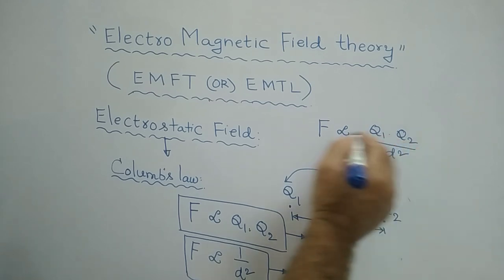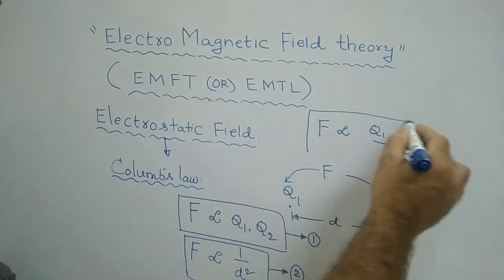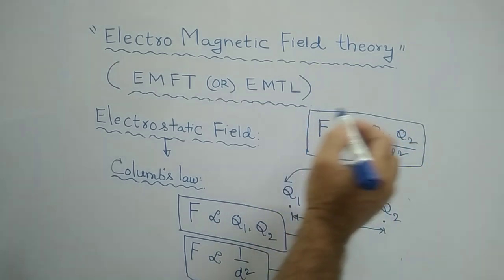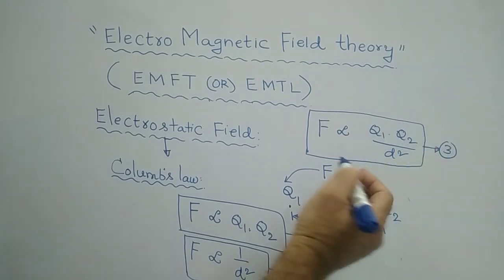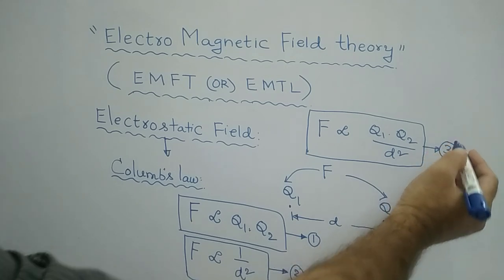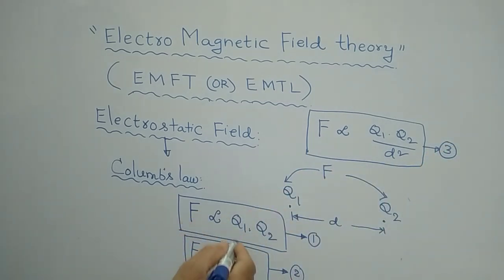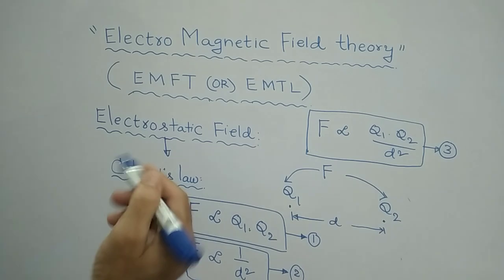Can I write like this? This is equation number 3, because if you combine these two, obviously Q1 Q2 by d square.